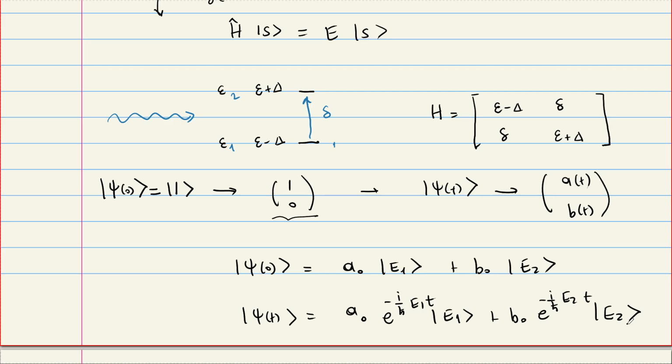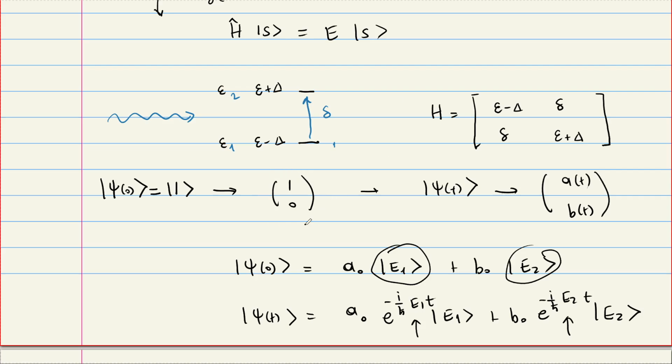We are going to find eigenvalues and eigenvectors of this Hamiltonian. We are going to use eigenvectors like E1 and E2 to express this state in the basis of the Hamiltonian. Once we write that, we are going to put in these energy phases, and the problem will be over. That's what we do all the time.